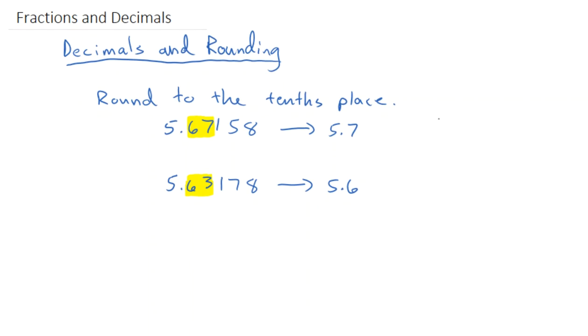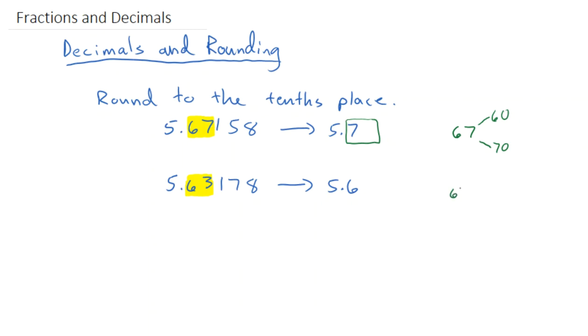Well, if we think of those 2 numbers, if I think of 67, then the question is that closer to 60 or is that closer to 70? Well, that's closer to 70, so essentially I change those 2 numbers into a 70, but then I don't keep the 0 because I'm rounding to the nearest tenths place, so I stop at tens.